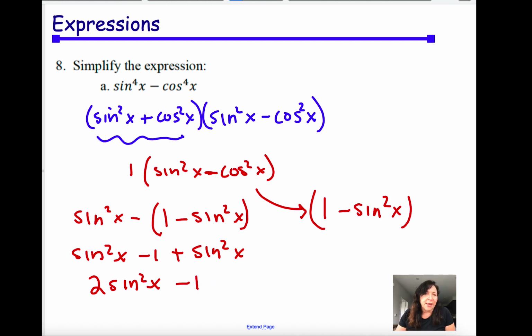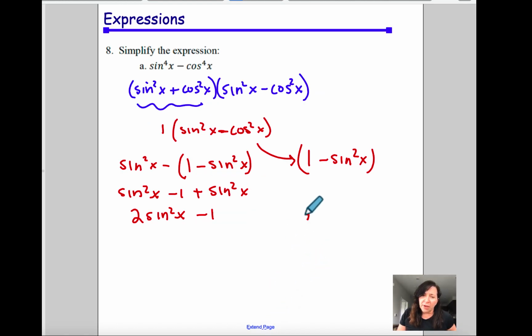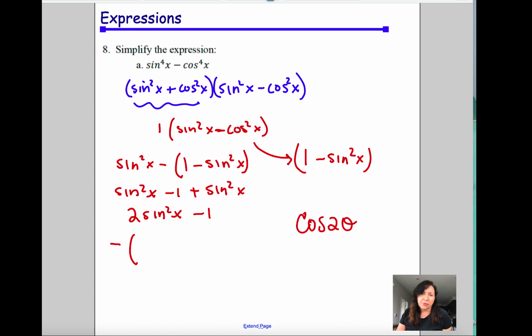And in looking at your Pythagorean identities, you might have recognized that this is one of my double identities. I think one of my double identities is for cosine of 2 theta. Remember that one? There's 3 options. And so what I could do is take out a negative sign. I'm going to rewrite that just for 1 second.